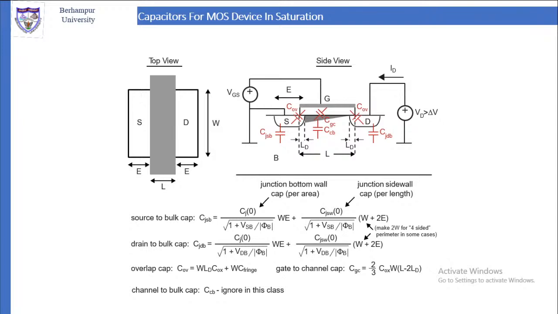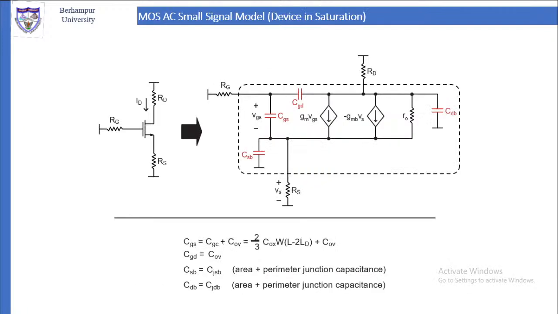Then the overall overlap capacitance, COV, is given here: W LD Cox plus W Cfringe. Gate to channel capacitance, CGC is equal to 2 by 3 Cox W times L minus 2 LD. Finally, channel to bulk capacitance CCV can be ignored. Mostly we can ignore the CCV cases.